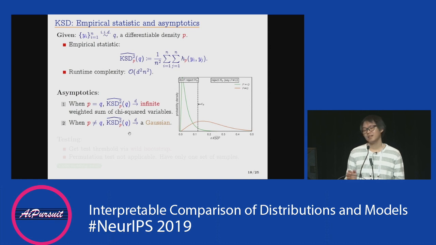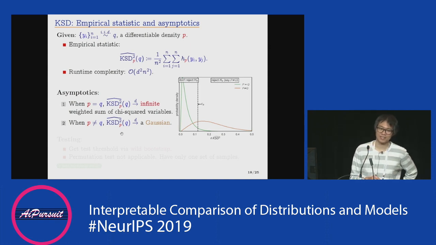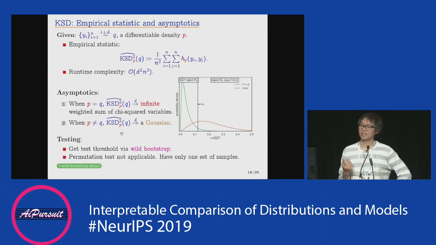Now, remember in the case of MMD, to do the test, we don't actually estimate the exact form of the null distribution, but rather we rely on permutation testing, remember? But here, interestingly, we cannot do permutation testing. The reason is that there's nothing to permute. We have only one set of samples. And so we have to do something different.